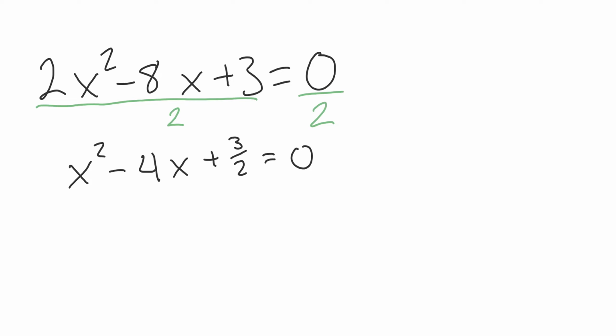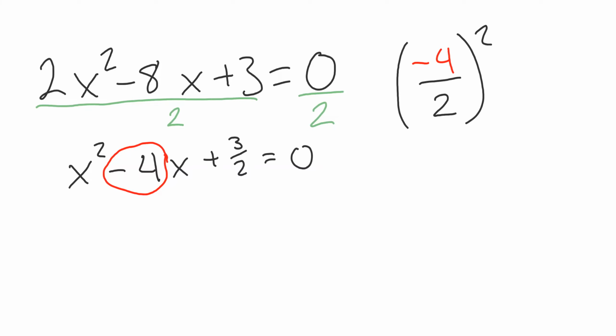Okay. Now we have to identify what we want for our constant term. So we have a -4 here. We need to take our -4, divide it by 2, and square it in order to find what we want for our constant term.